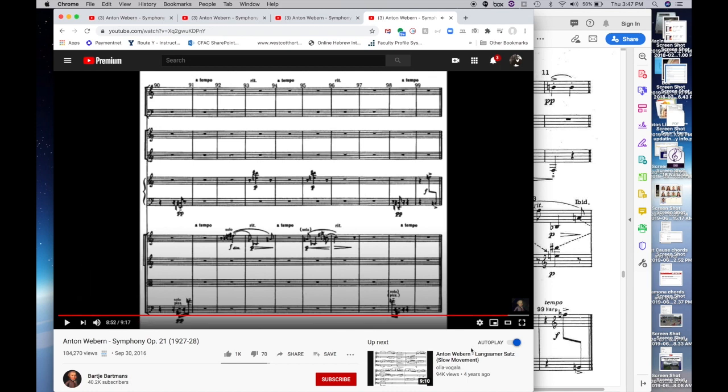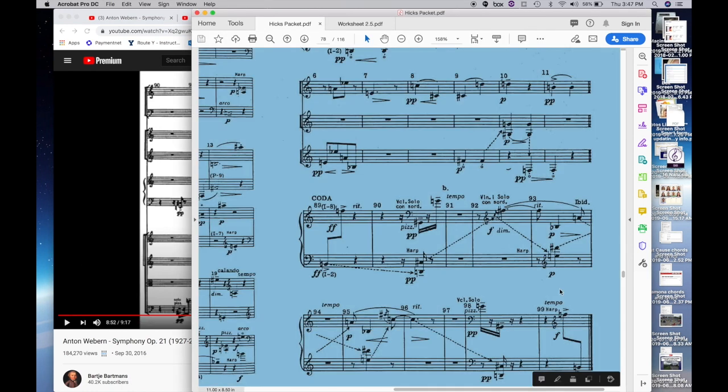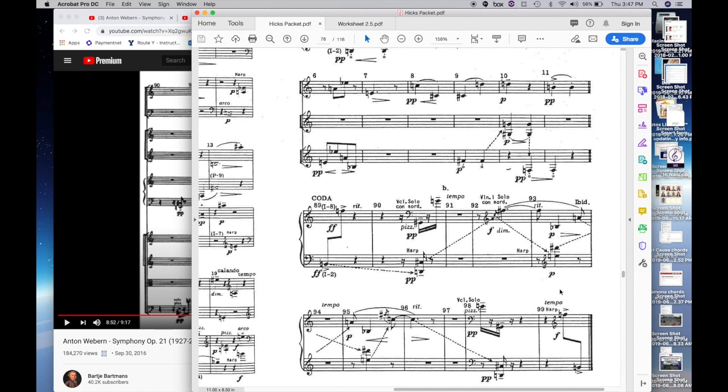Okay, well, I think that's a good introduction to this piece, and again, these concepts which are kind of important in Webern's music. Symmetry, both inversional symmetry and retrograde symmetry, in other words, vertical and horizontal symmetry. Literal symmetry, okay, this is where Webern differs from maybe some other composers. He was not interested in any properties that were not literal.